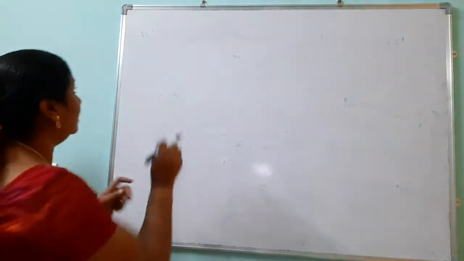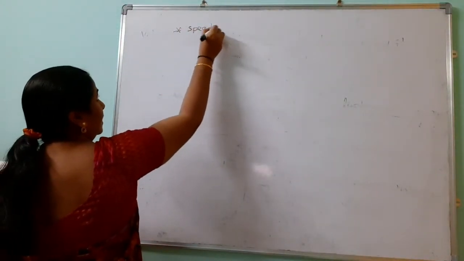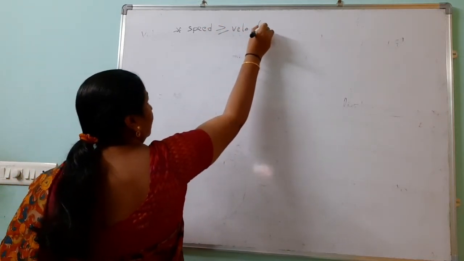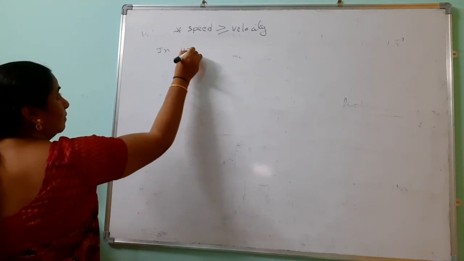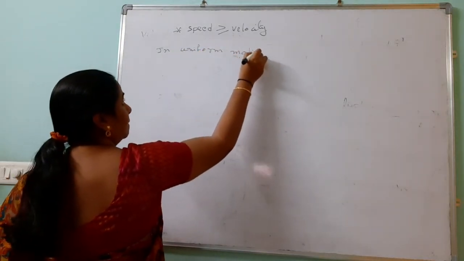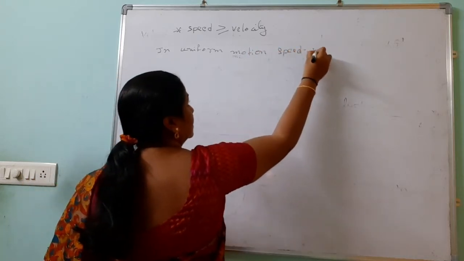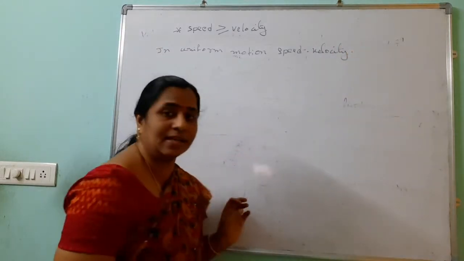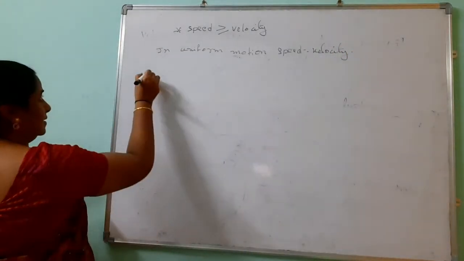So we should mention here that speed is greater than or equal to velocity. In uniform motion, speed equals velocity, and average velocity equals instantaneous velocity. We do one problem based on this.